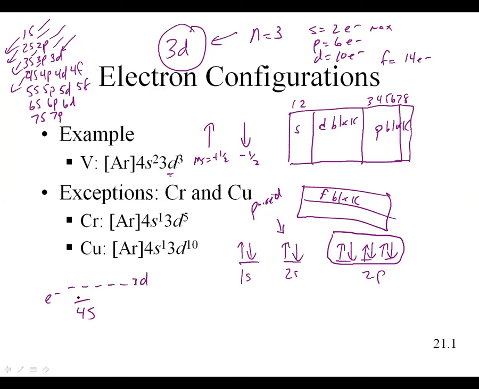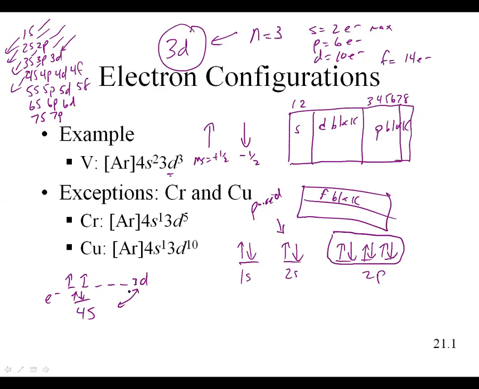So the electrons go into the 4s first, then they start filling up the 3d. But these are very close in energy, so it's not hard for an electron to be elevated up to the d orbitals. It's been found experimentally that chromium and copper are more stable that way. So instead of ending at 4s2 3d4 for chromium, or 4s2 3d9 for copper, they actually have those extra electrons up in the d orbitals.